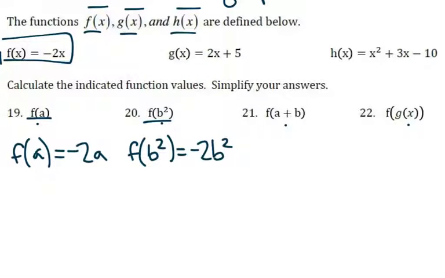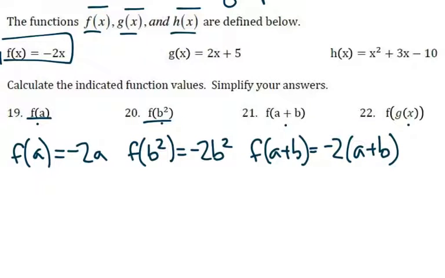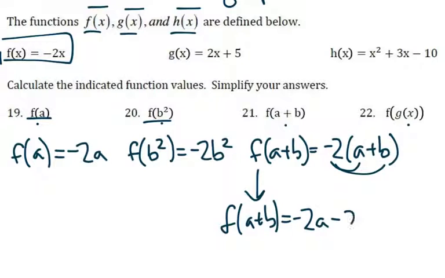For 21, replace all x's with a plus b. Now on this one, I could leave it that way, or I could distribute and end up with f of a plus b equals negative 2a minus 2b. You should probably simplify it like that.